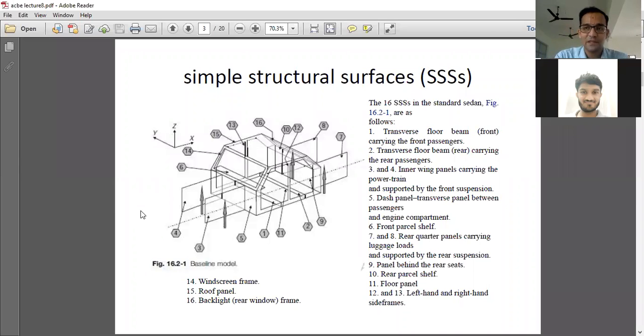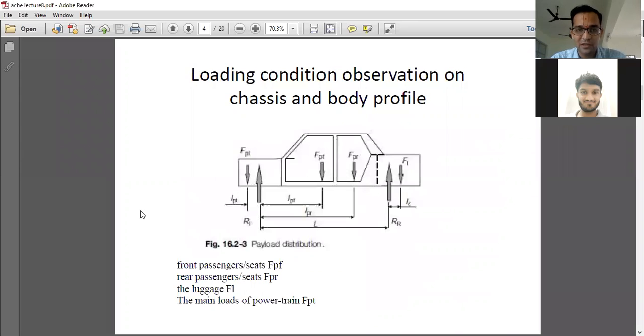Here, in previous cases, we have learned that loads act on the chassis in a particular way, and I have also shown you how those loads work and how to visualize them. We have gone for an overhang beam observation with a particular loading condition.